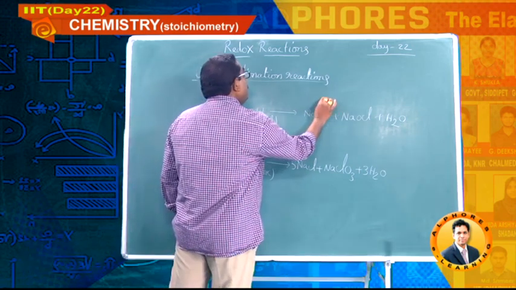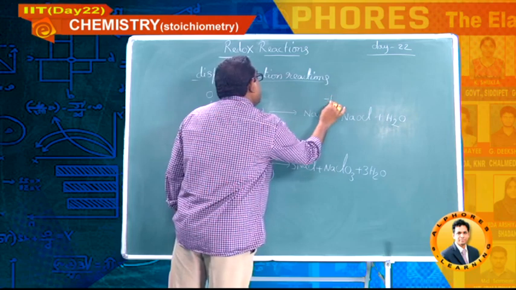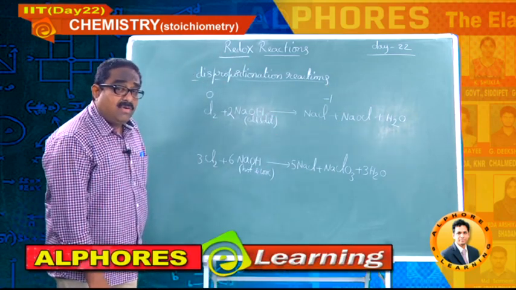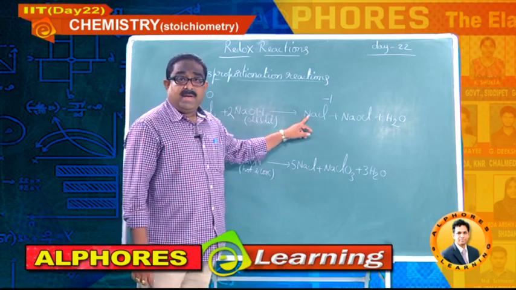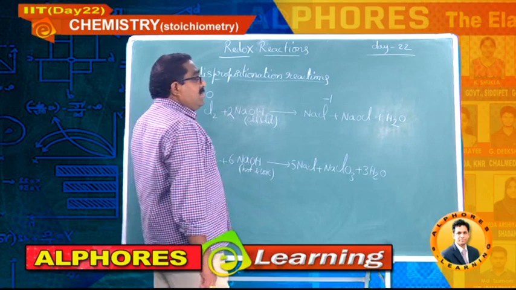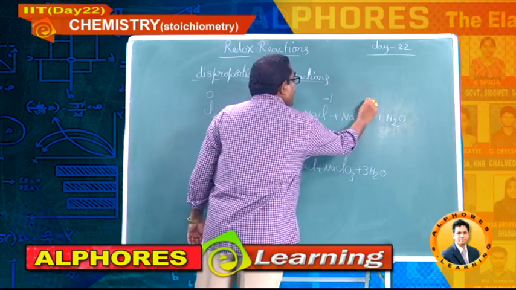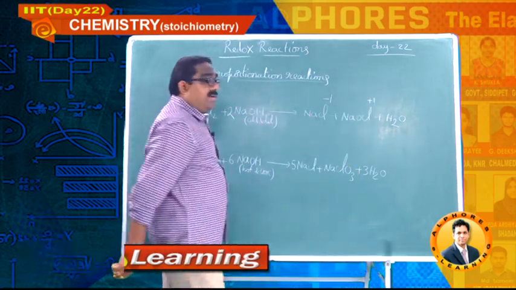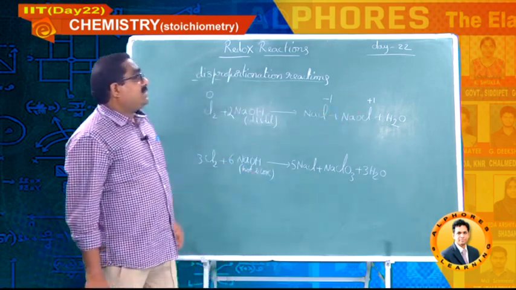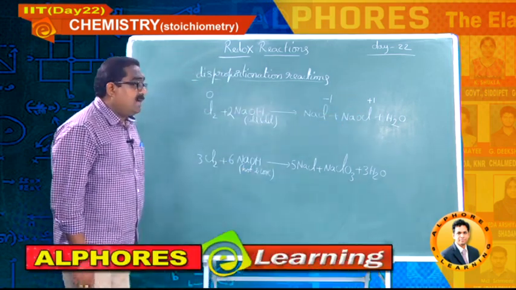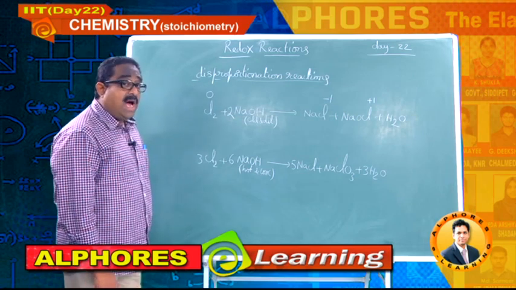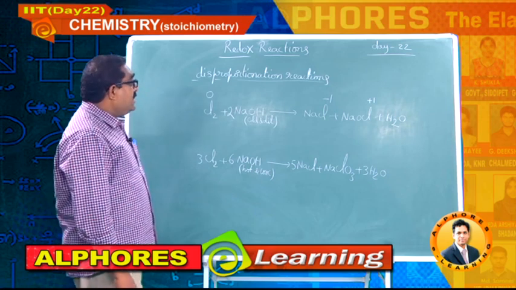Here, if you take the oxidation state of chlorine, you will get it as -1 because sodium, an alkali metal, is +1. Similarly, for this chlorine, you will get +1, students. Alkali metal +1, oxygen -2, so the rest, +1, you have to assign for the chlorine present in sodium hypochlorite.